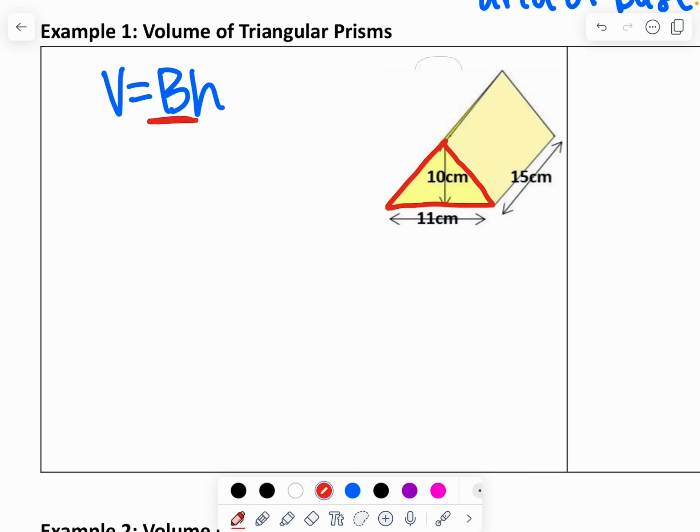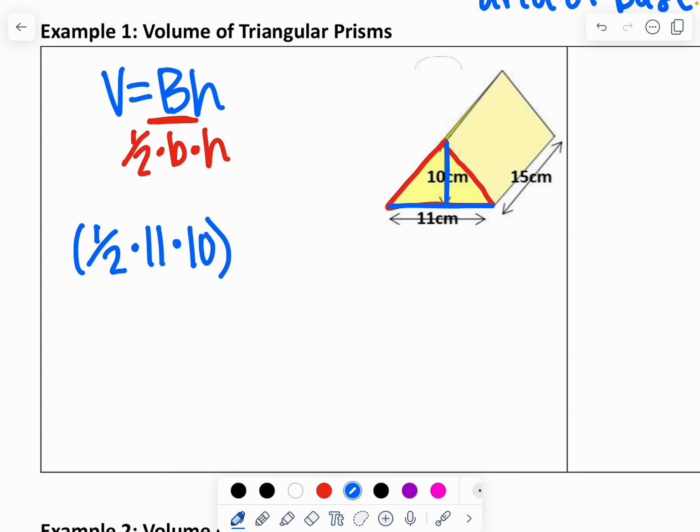Since our base is a triangle, we have to use the triangle formula, which is 1/2 times base times height. That's how we find the area of our triangular base. So that's what's going to go in parentheses when I solve this. I'm going to have 1/2, and then the base of my triangle is 11, and the height of my triangle is 10.